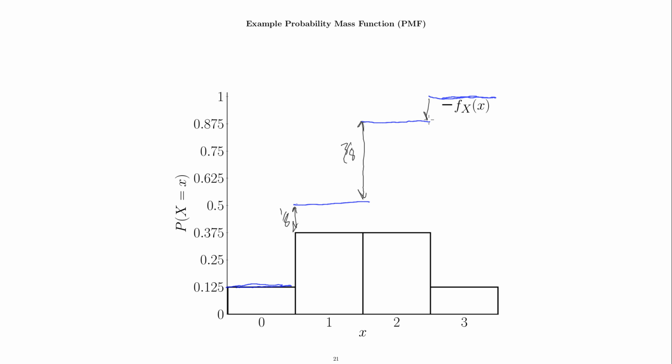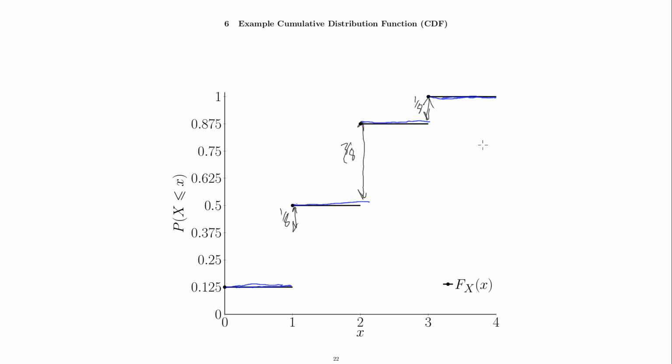And this difference here is a height of 1/8. So what we're doing is we're just adding up each previous value of the probability mass function, and so it's just a cumulative sum of each of these. So if we just stack them all up, we get the values that we see here for the cumulative distribution function.